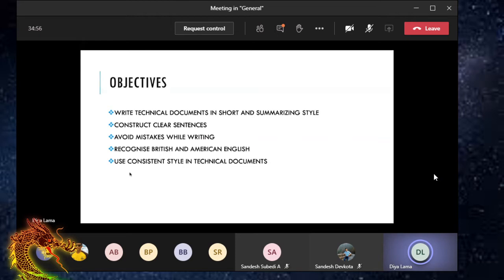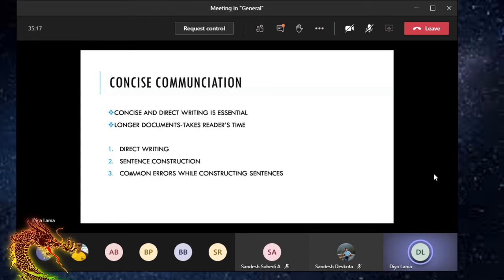Suppose you're writing a complex document for your manager, then the full style has to be same. If you're writing something for children, they have to be similar. माथि अर्को तल अर्को हुनु भएन है. So always has to be consistent.